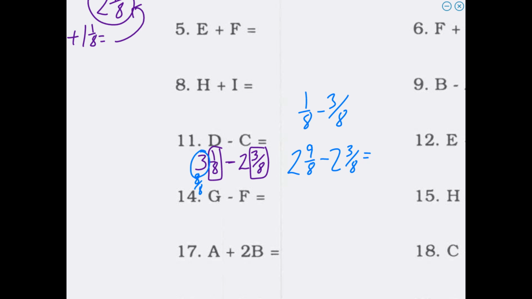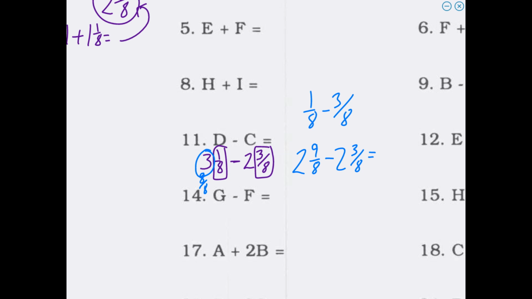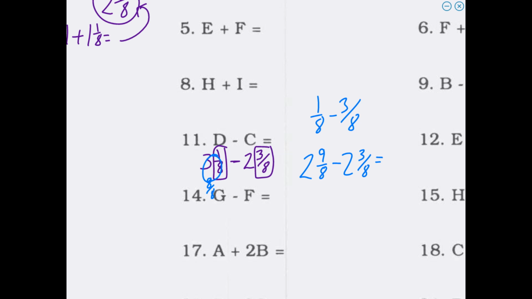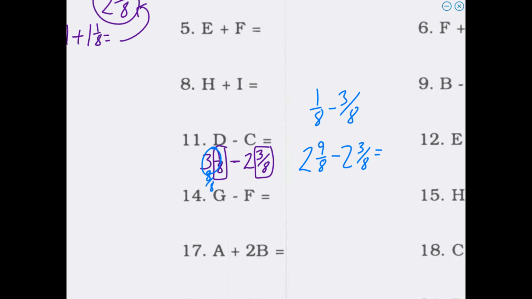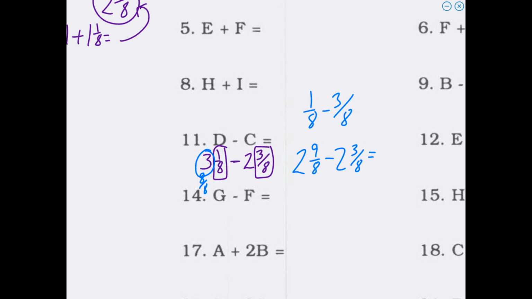Okay, because 8/8 plus the 1/8 that was already here equals the 9/8.